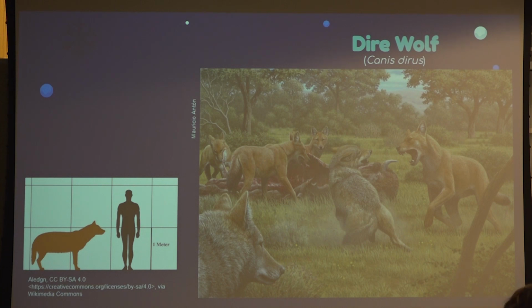And there is no evidence of gene flow between the gray wolves and the dire wolves, so they never intermingled. This means that dire wolves evolved here in North America. They were our actual native canids before gray wolves and coyotes moved in from Eurasia and probably outcompeted them.